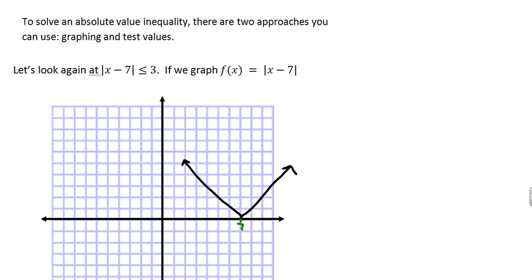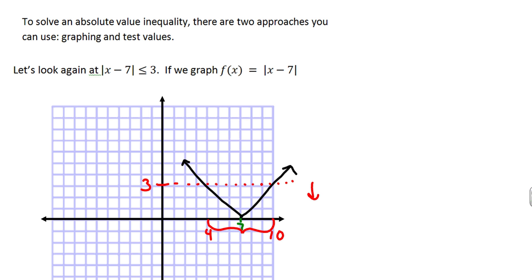Now if I locate 3 here on the vertical axis, what I'm looking for are values of x so that the function is smaller than 3, below that red line. And that's going to correspond to this interval here, between 4 and 10, which is what we had when we originally looked at the problem.